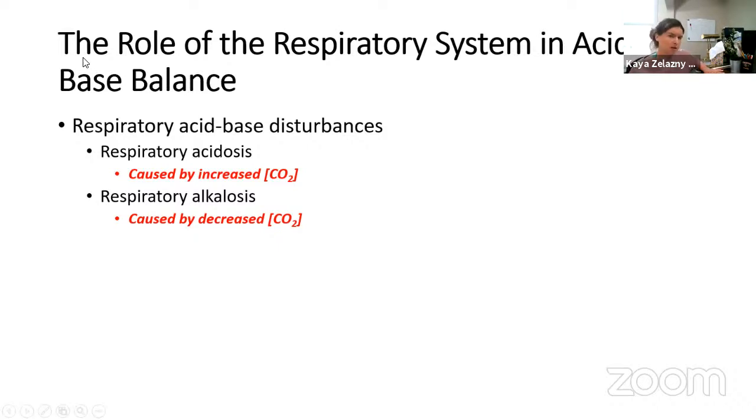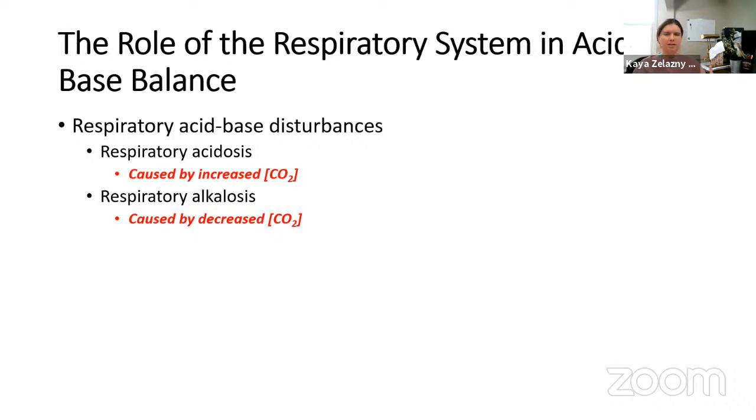Okay, so we're going to start with the respiratory system, the lungs, and then we'll talk about the kidneys. If we have a problem with the lungs causing acidosis, we refer to it as respiratory acidosis. We expect respiratory acidosis to be caused by too much acid, and the acid we're concerned with here is CO2.